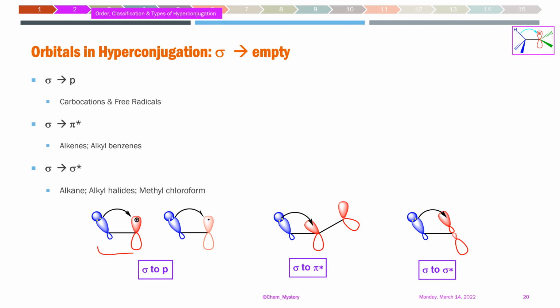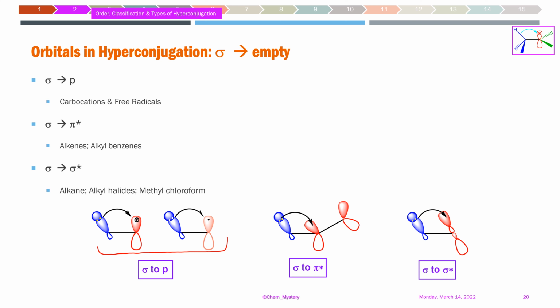This is for carbocation and that is for the radical. This is sigma to p conjugation, basically hyperconjugation, and this is the case of alkenes. And what we have shown here is this antibonding molecular orbital. So this is going to be the case of alkene where we have the sigma to pi star hyperconjugation. We are seeing this on the basis of just the orbitals involved when this kind of electron delocalization is taking place.